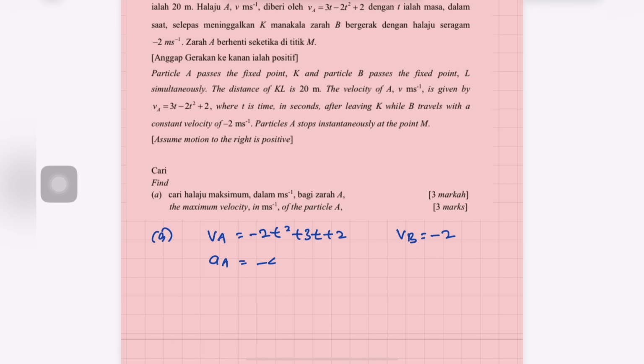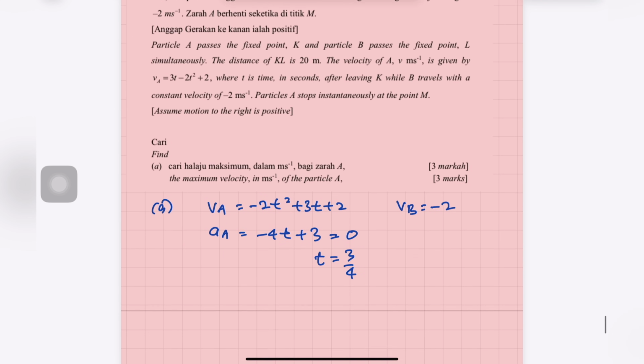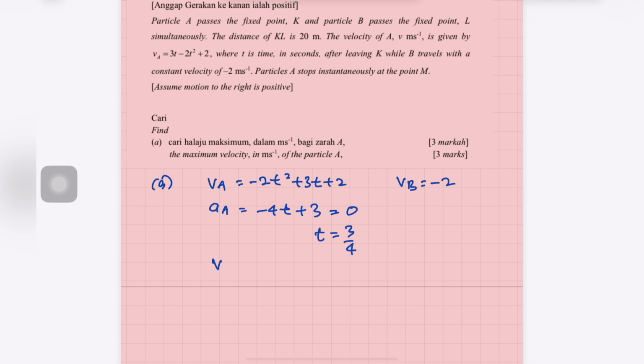So negative 4t plus 3. Make it equal to 0, then t is 3 over 4. To find the maximum velocity, VA max, we substitute: negative 2 times 3 over 4 squared plus 3 times 3 over 4 plus 2. This equals 25 over 8.